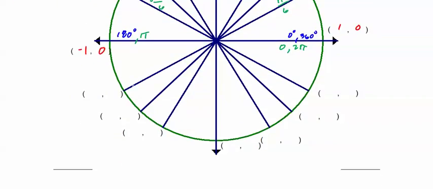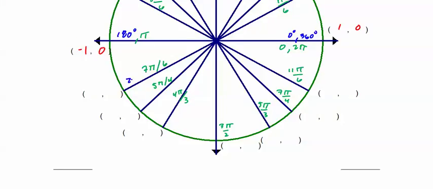Keep going. This is 7 pi over 6. This is 5 pi over 4. This is 4 pi over 3. This is 3 pi over 2. This is 5 pi over 3. This is 7 pi over 4. This is 11 pi over 6.